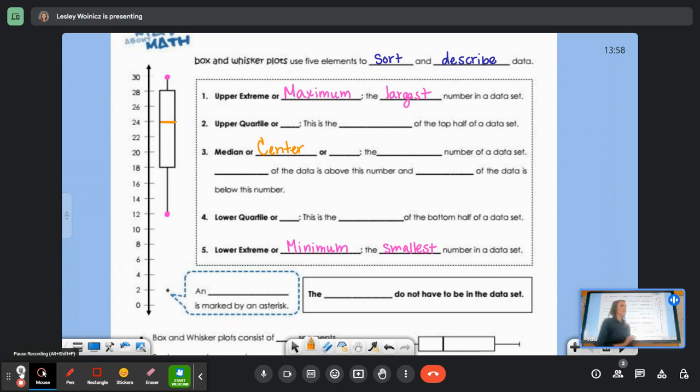It's also known as quartile 2, Q2. We know it's the middle number in a data set. We know that half of our data is above this number, and half of our data is below.